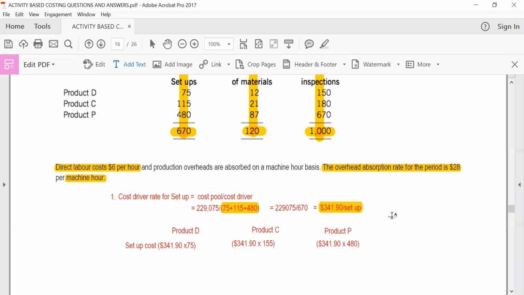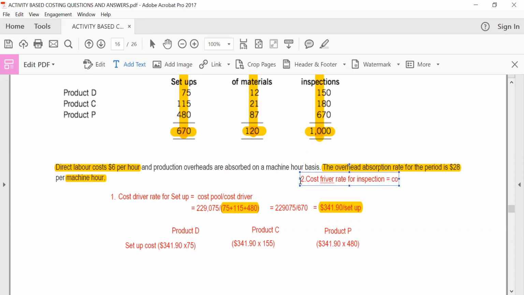Now, let's say that I want to move further to also calculate the cost driver for another item. I've finished with setup. If I was to look at number of inspections, I also have to calculate the cost driver for number of inspections. So let's see if we can do that. Cost driver rate for inspection: how do I do that?